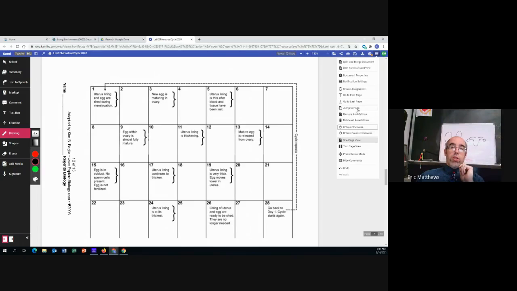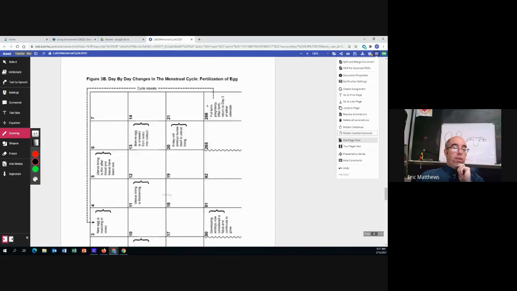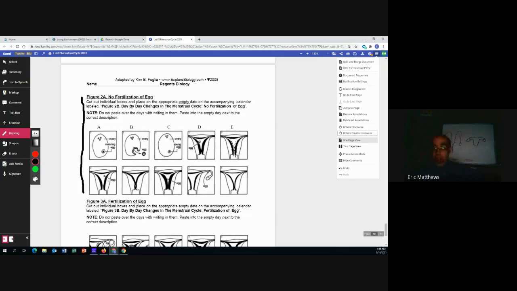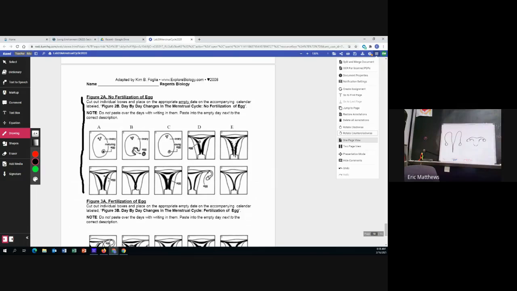Okay, so now we want to go back down and we need to find which one of these 10 pictures shows the uterine lining being shed. Of course, there go the lights. One moment. So, which picture shows the uterine lining being gotten rid of, being removed? If you look through this, there's no uterus in any one of these three.